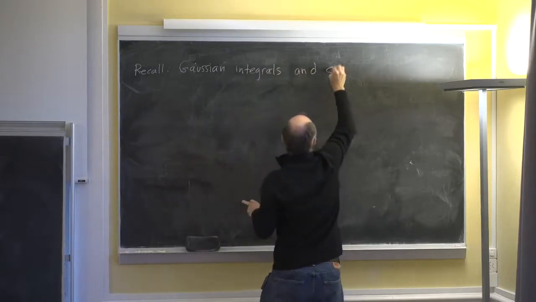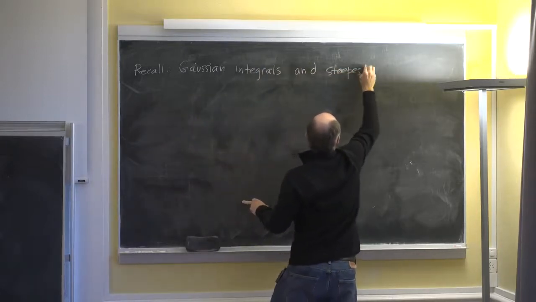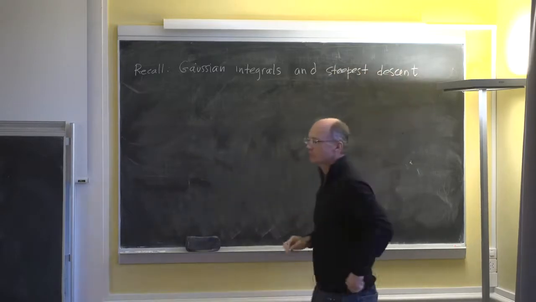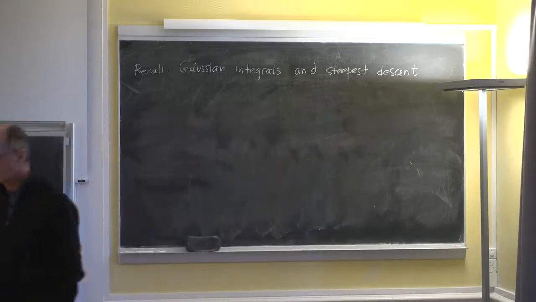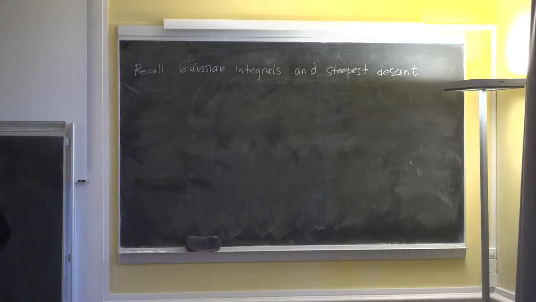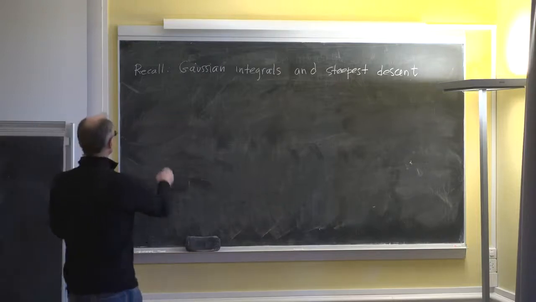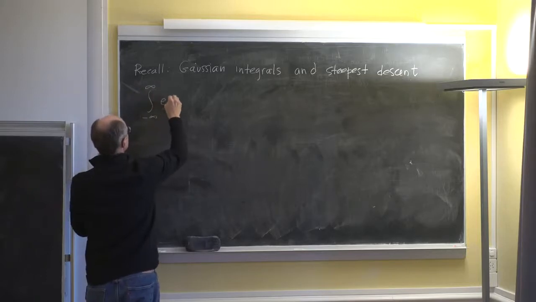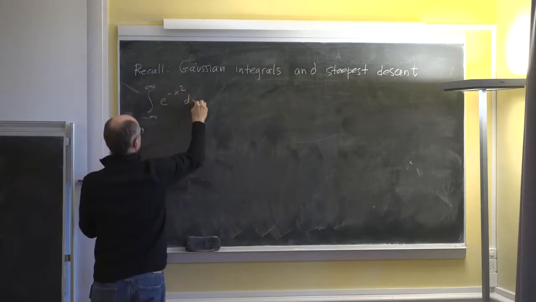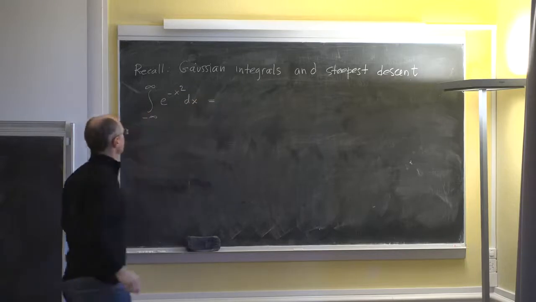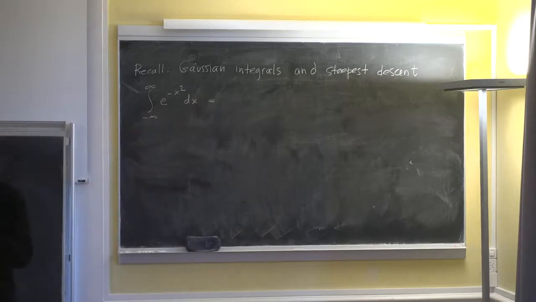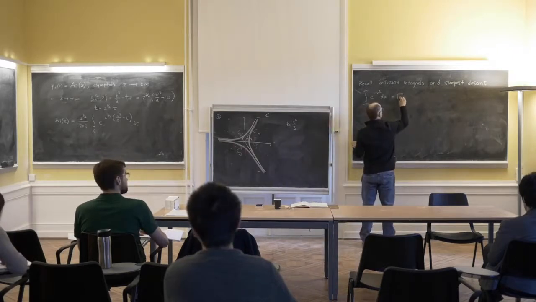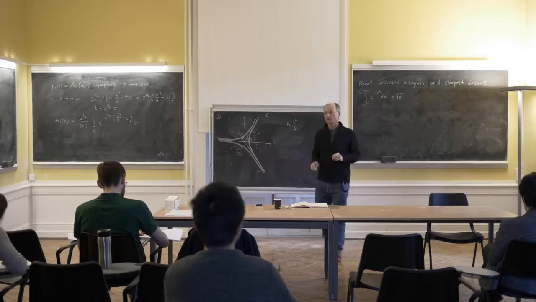So let me recall some classical topic, Gaussian integrals and the steepest descent method. So first of all, of course, we all know, well, do we? So we all know that this integral is a square root of pi, right?